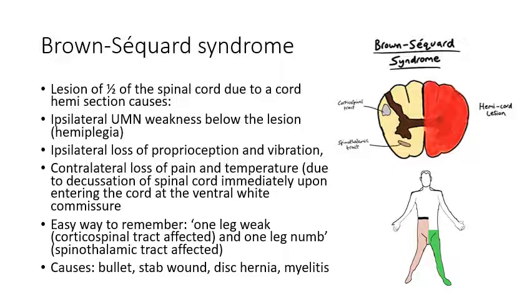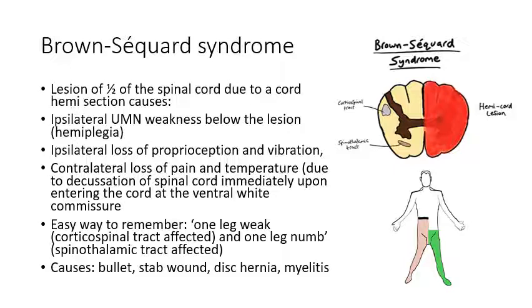The next syndrome is once again more classically known to med students, given the fact that it's taught very heavily in medical school curriculums. This is the Brown-Séquard syndrome. Brown-Séquard syndrome is a lesion of one half of the spinal cord, so this is a hemicord lesion, and this is going to affect only one side of the spinal cord.